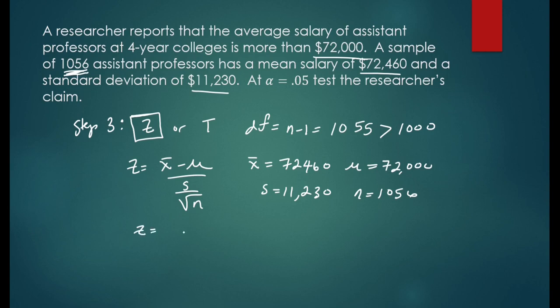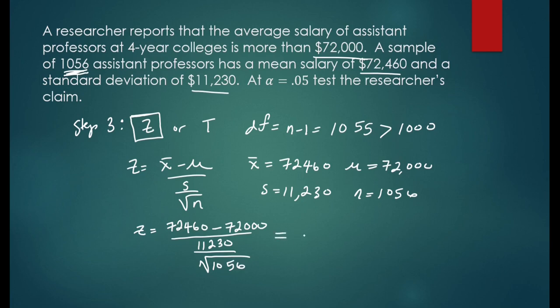Plugging in the values for Z, X bar is 72,460, minus the mean, 72,000, divided by 11,230 for the standard deviation, and divide that by the square root of 1,056.